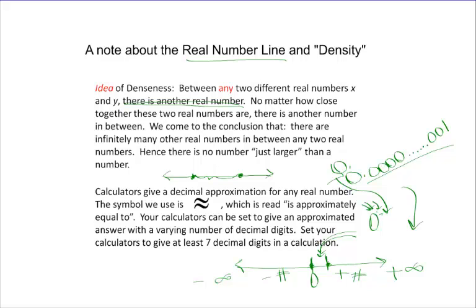There are infinitely many points in between any 2 numbers on the real number line. That's dense. That's extremely dense.